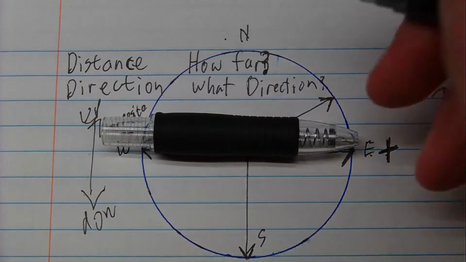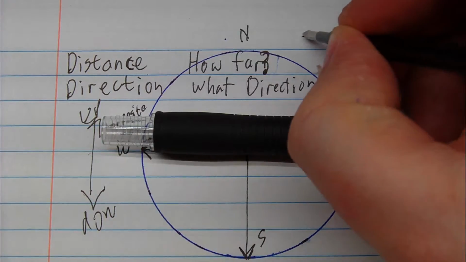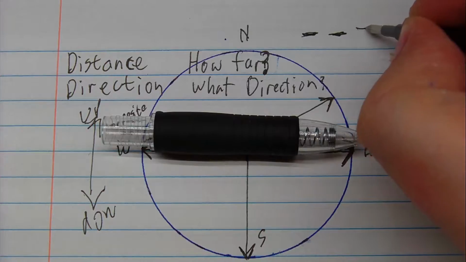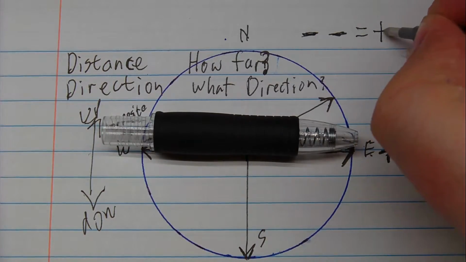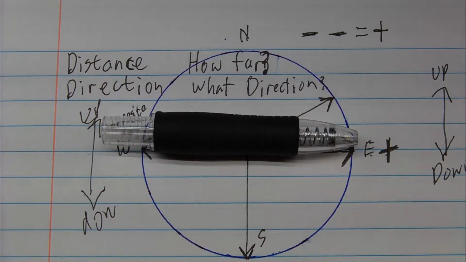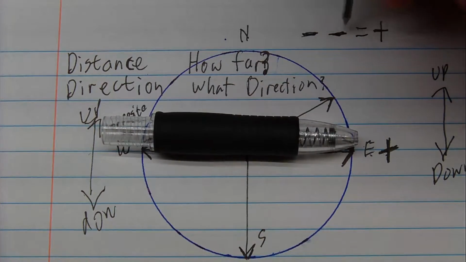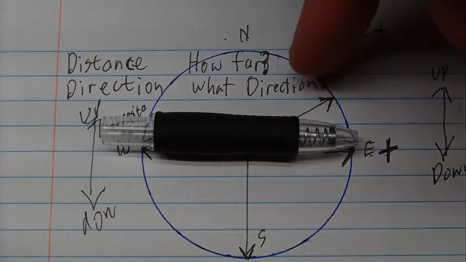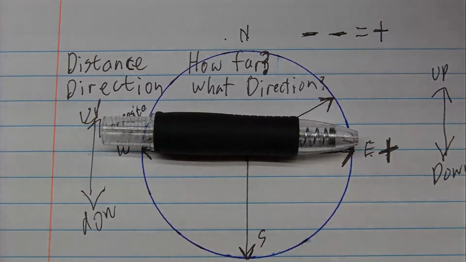So from that, I can determine that if I put 2 negatives together, that's going to equal a positive. The way I say that is a negative times a negative equals a positive, because when we put 2 things next to each other, that is multiplication. That's times.